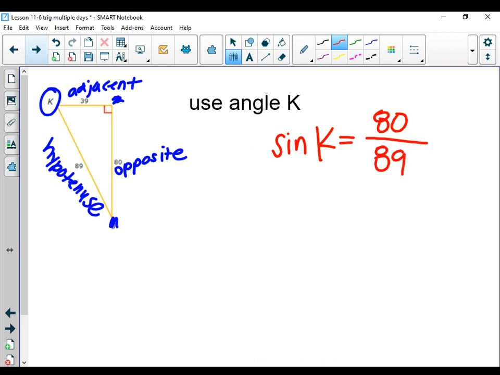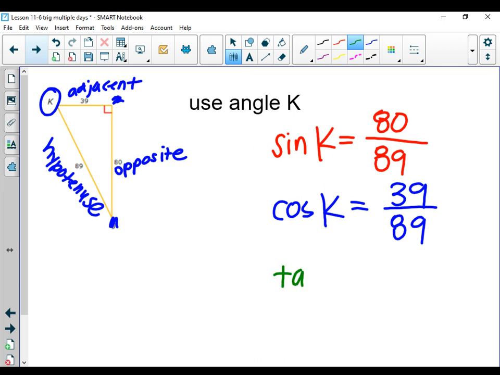Leighton, top of cosine. 39. How come? Because it's right next to it. Bottom of cosine, Maddie. 89. Because it's the hypotenuse.